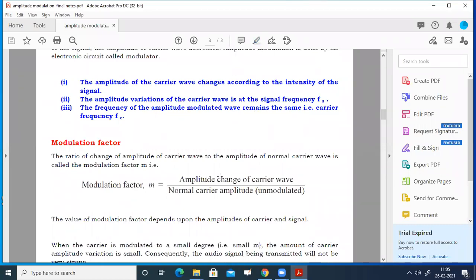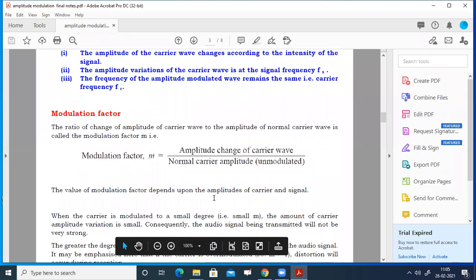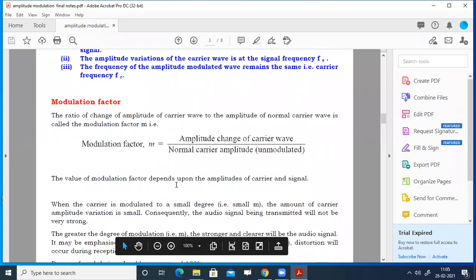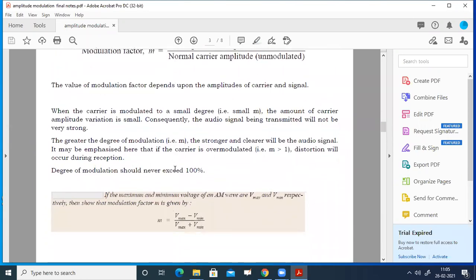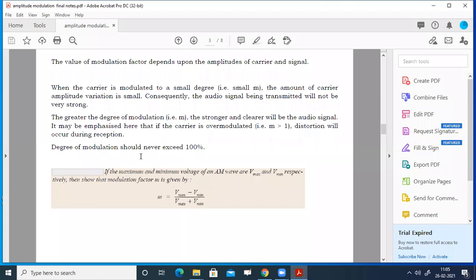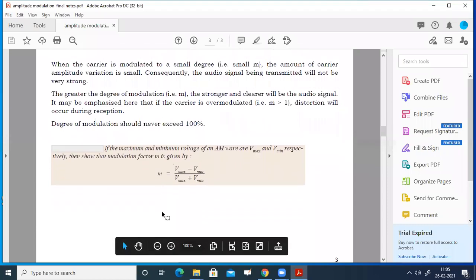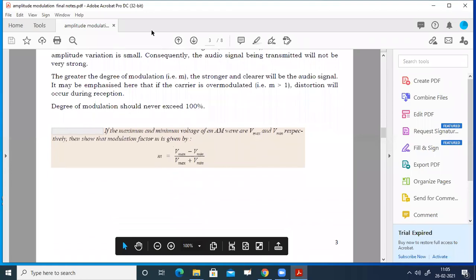The value of modulation factor depends upon the amplitudes of carrier and signal. Next, the degree of modulation should never exceed 100%, that is 1. This is the formula for modulation factor.